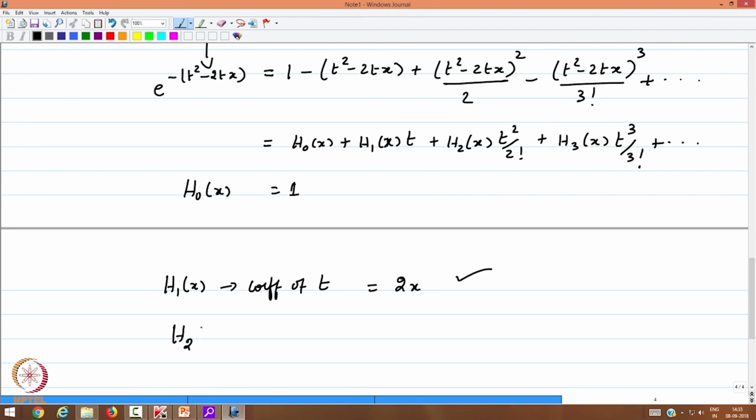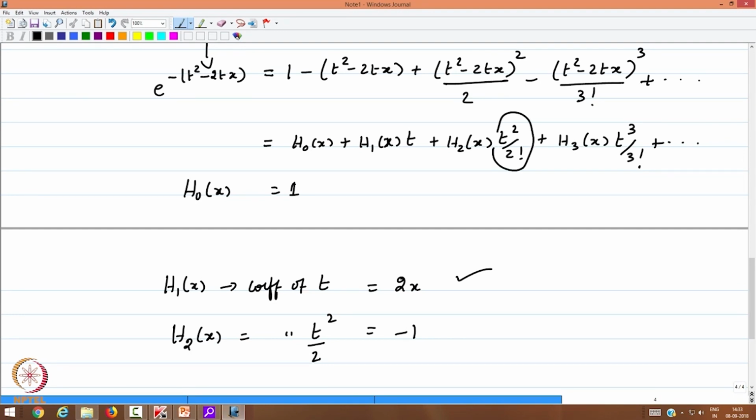h2 of x is the coefficient of t square by 2, so we take the coefficient of t square from the first term, namely minus 1, and from here the term is 4t square x square. That is what you would get. Let us do t square by 2, that is what we need, isn't it?